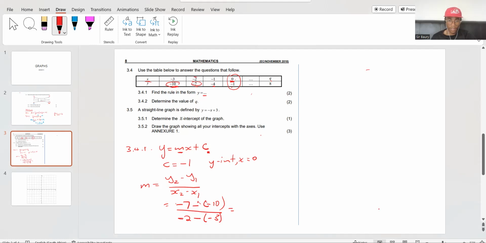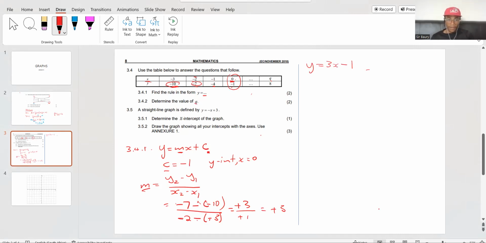Negative times negative is a positive, so I have a positive 3 over a positive 1, which gives me a positive 3. That is m. I have c, so I just substitute: y equals 3x, which is mx, minus 1, which is c.